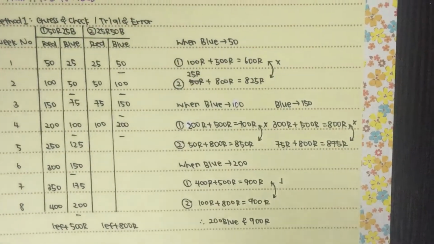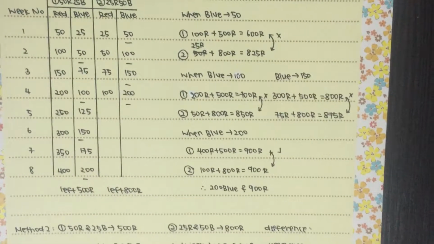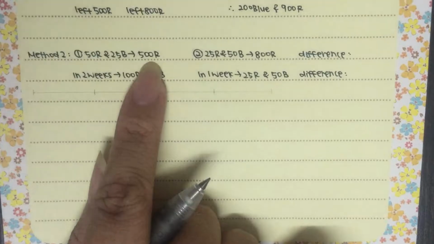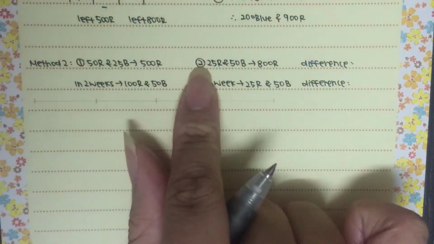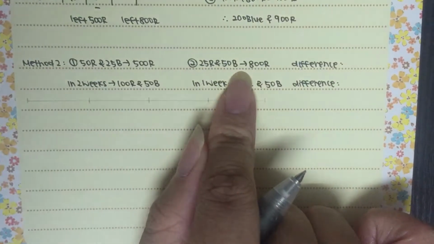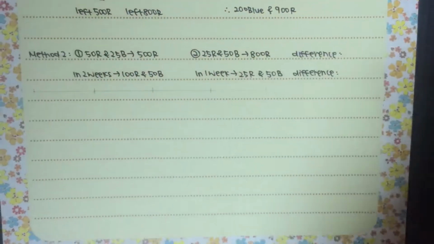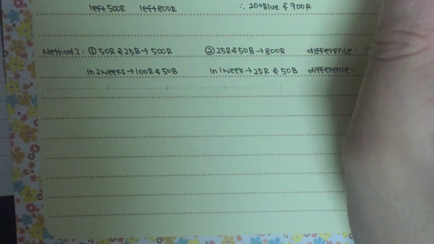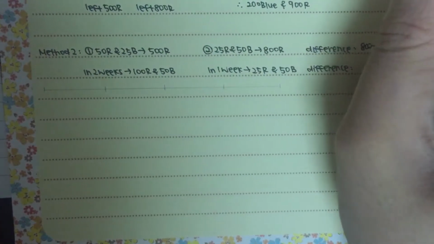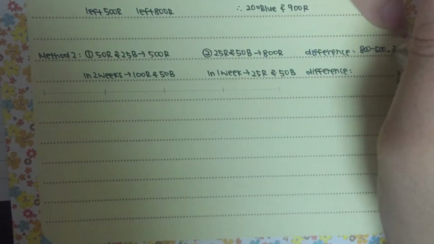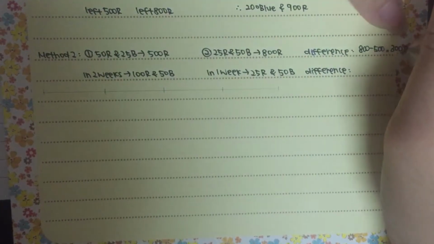Alternatively, we can try the second method. In the first scenario, it will be 50 red, 25 blue, 500 red left. In the second scenario, it's 25 red, 50 blue, and 800 left. The difference in the number of marbles left will be 800 minus 500, which will give us 300 red.